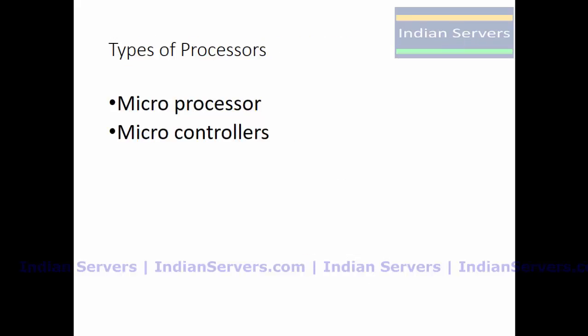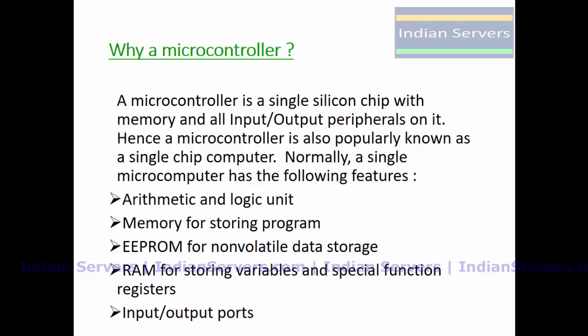As we already discussed, there are mainly two types of processors: microprocessor and microcontroller. Both have a CPU in common, but a microprocessor only contains the CPU.